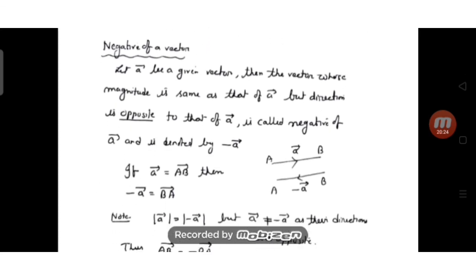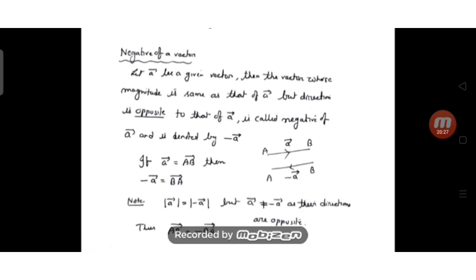Next we have to know about the negative of a vector. Let A bar be a given vector.